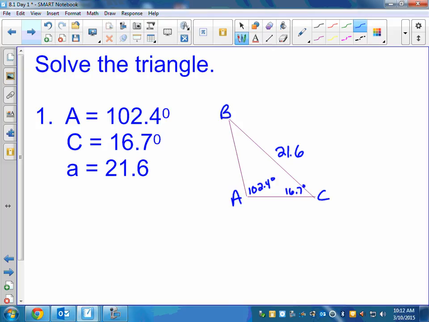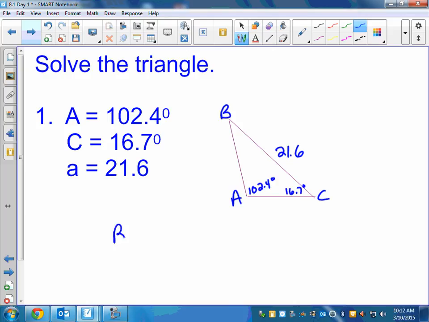You have to solve for what's missing. We've done this before, only we did it with right triangles. Every time they're going to give you 3 things, and there's going to be 3 things missing. In this one, they give us 2 angles, which means we can solve for the third angle pretty easily. We know the angles in any triangle always add up to 180, so we don't even have to use trig to find angle B. I call it capital B; in your book, they use beta. I don't care which one you use as long as you understand what the book's saying.